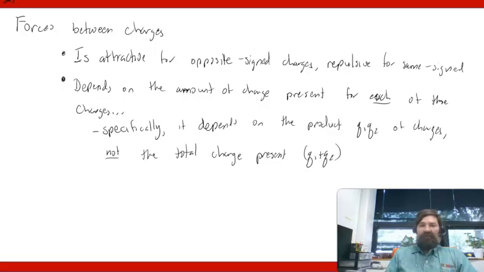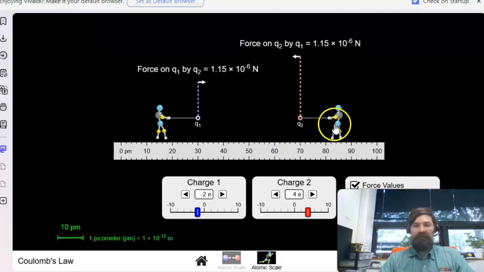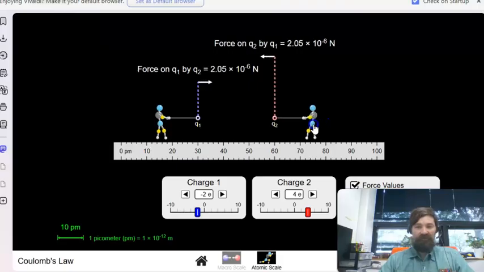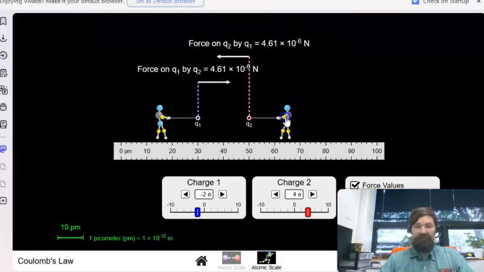All right, one more thing that we might change, which is distance. To change the distance, I just have to move one of these two charges. So if I move this charge closer, like maybe from 60 to 30, I notice that this got to be bigger. If I move it closer still, this thing is bigger still. In fact, when I move from 70 to 50, the distance has decreased from 40 to 20.